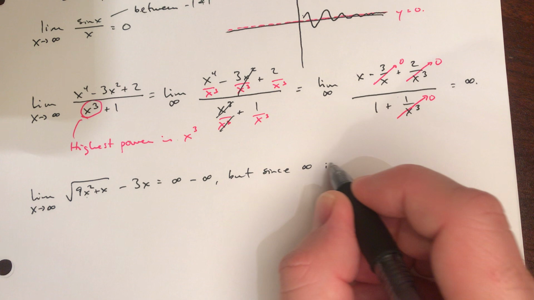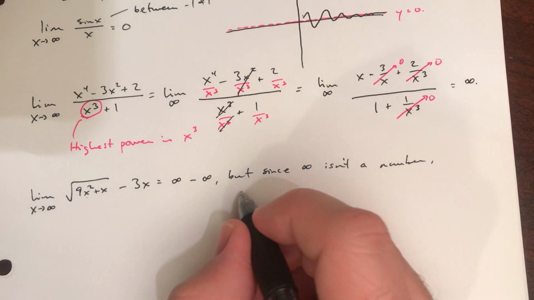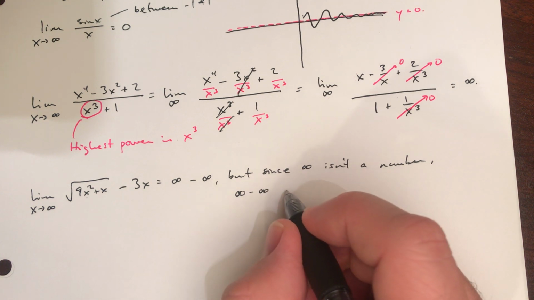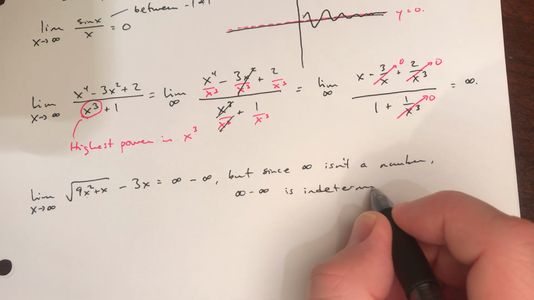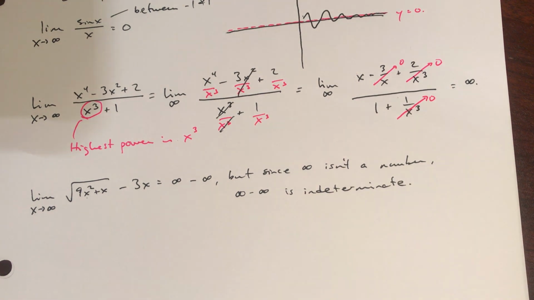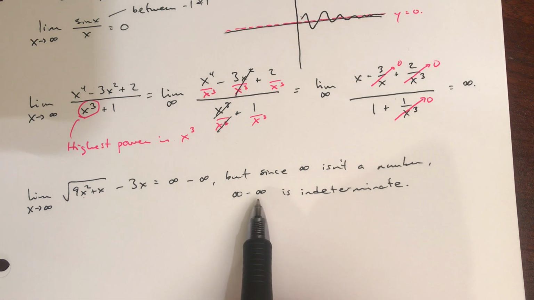But since infinity isn't a number, infinity minus infinity is indeterminate. We don't necessarily know what infinity minus infinity is. It might be 0. It might be negative infinity. And this is going to be kind of strange, but just kind of stretch your brains for a minute.